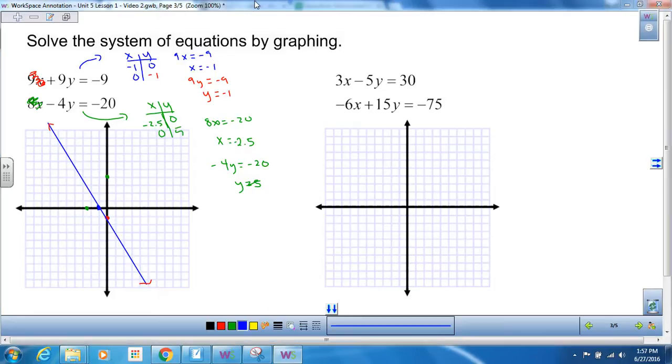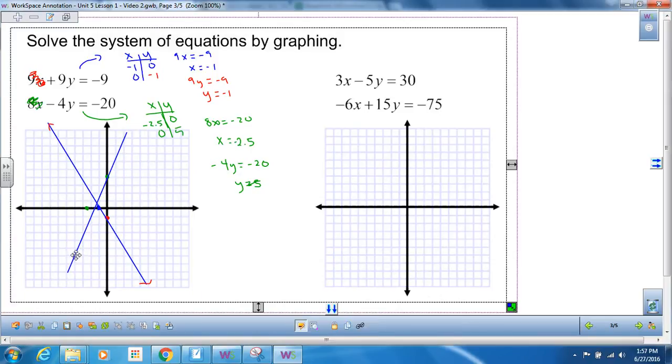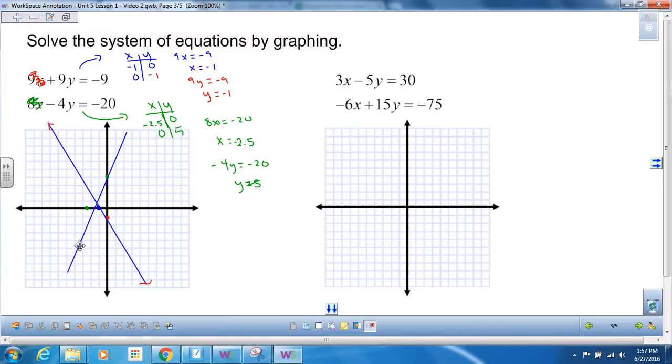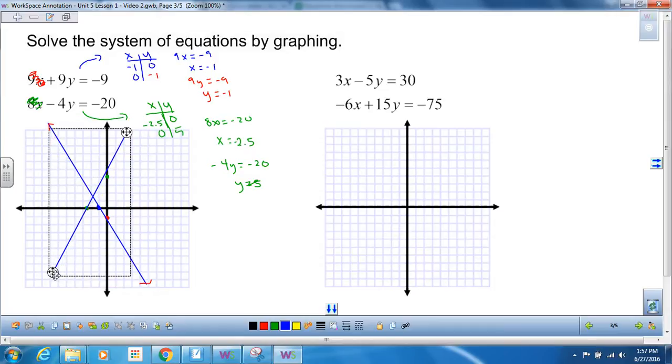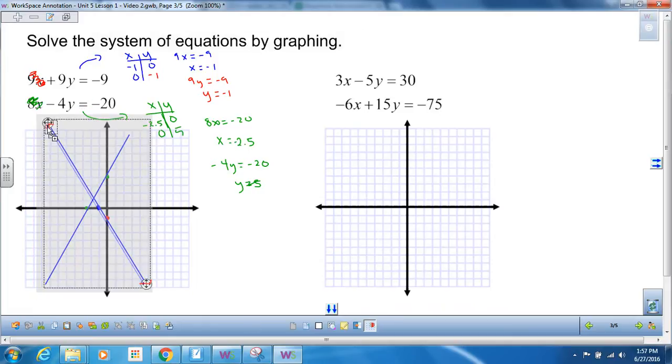And then we'll connect those. Okay. So I think this line is off just a bit.